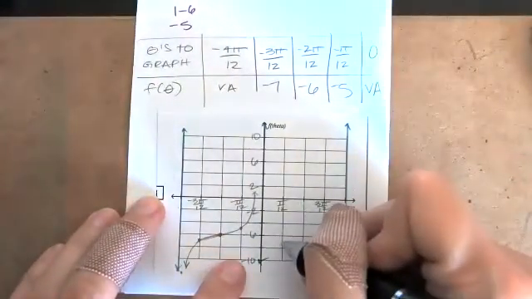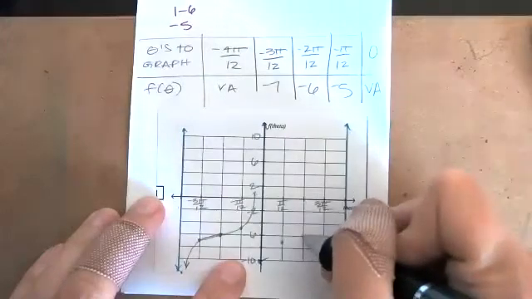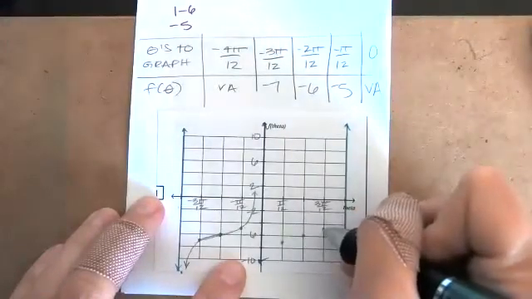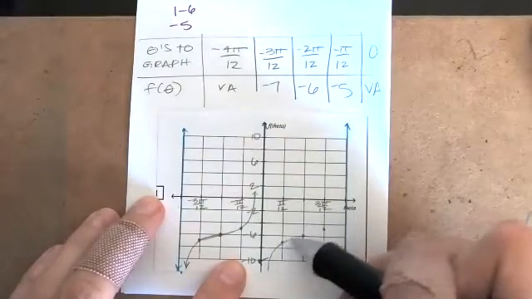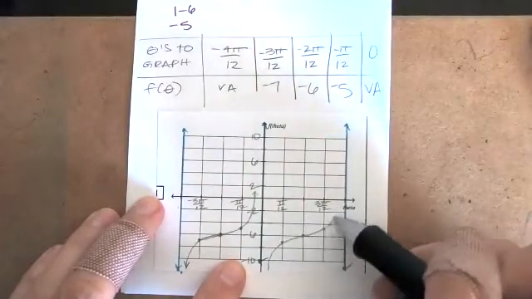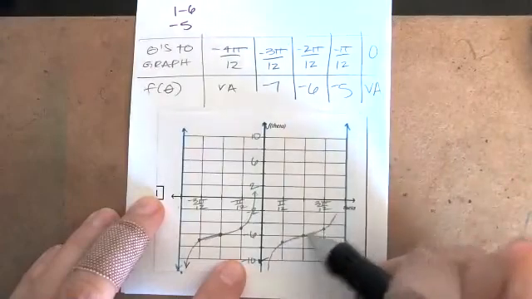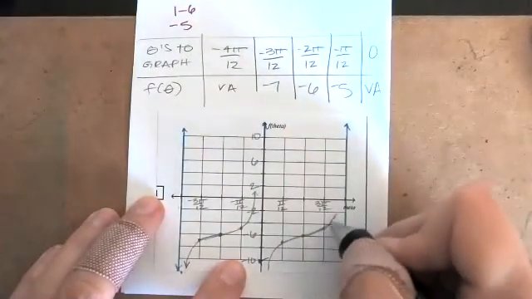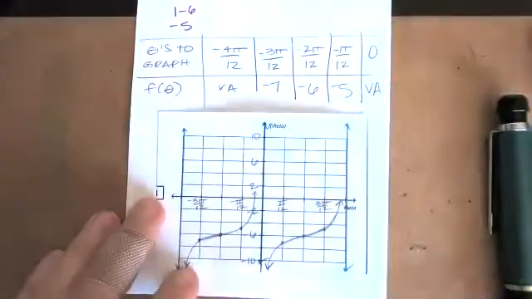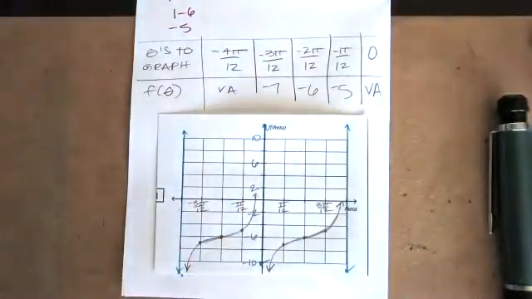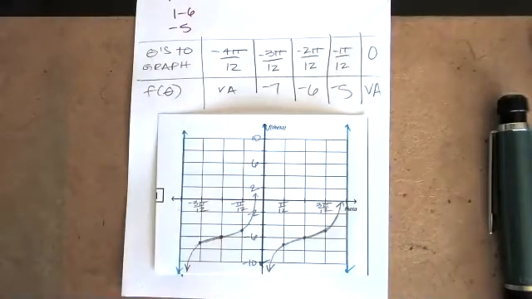We should have a point here, and one here, and one here. So here's our second curve. So there's that. Questions about that one?